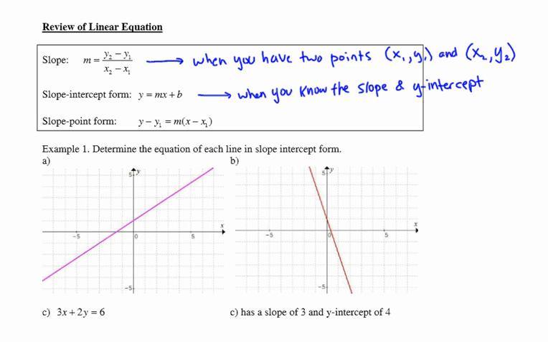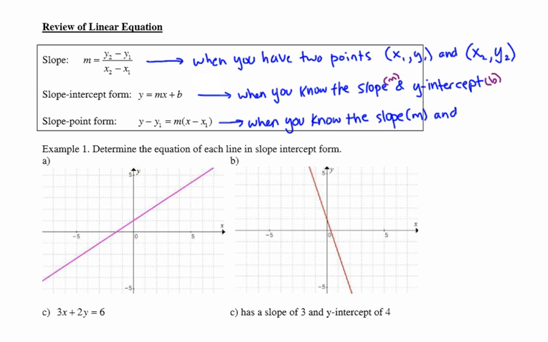You don't always know the y-intercept, and so that's when we use slope point. That's why it's called slope point, because you know a slope and you know a different point other than your y-intercept. Let me write here, right beside, slope is m and y-intercept is b. So here, when you know your slope, m, and a point other than the y-intercept.